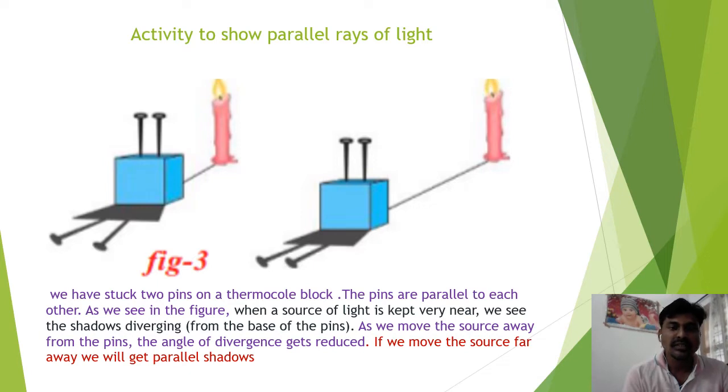But when we make a certain distance between the thermocol block and the source of light, we see the shadow of the two pins, and we observe that the two pins' images are parallel to each other. That means the rays coming from the pins are parallel to each other.